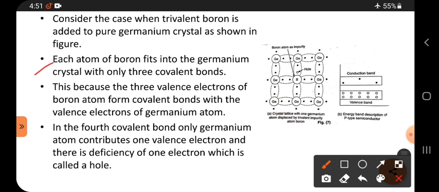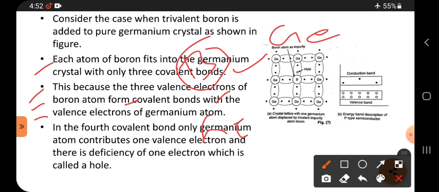Each atom of boron fits in the germanium crystal with only 3 valent bonds. This is because the 3 valency electrons of the boron atom form covalent bonds with the valency electrons of germanium atoms.